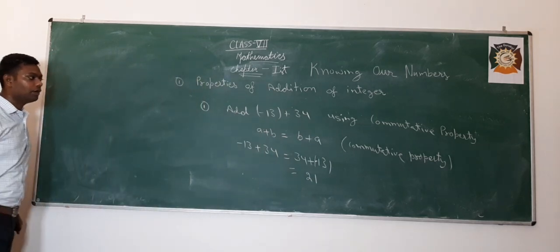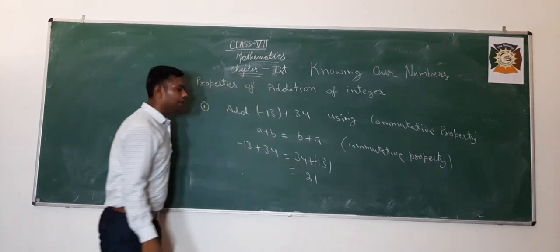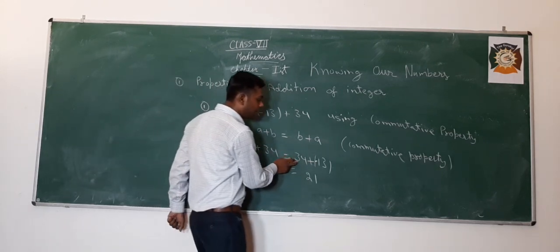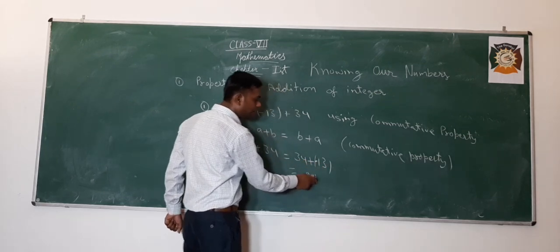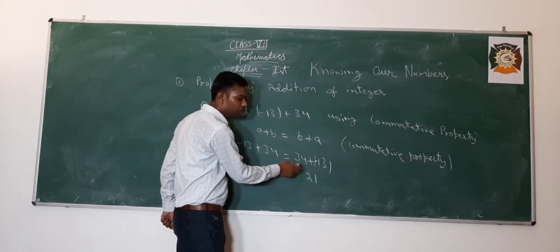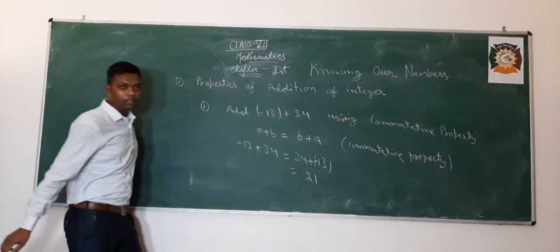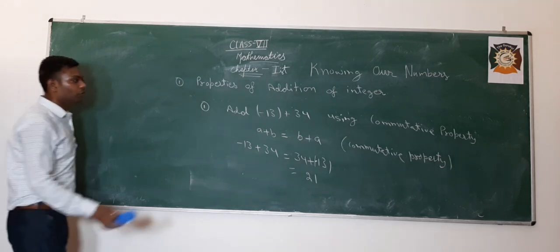Different signs, you have to differentiate the absolute values: 34 minus 13 equals 21, and the greatest absolute value is 34, which has a positive sign, so the result will get a positive sign. Consider an example of the associative property.